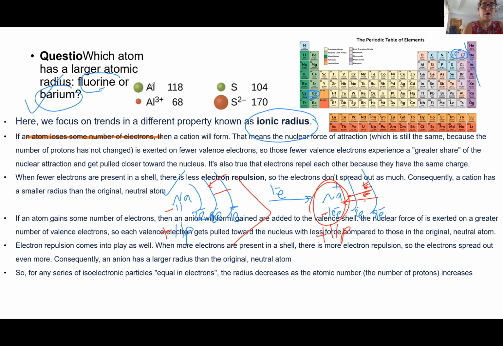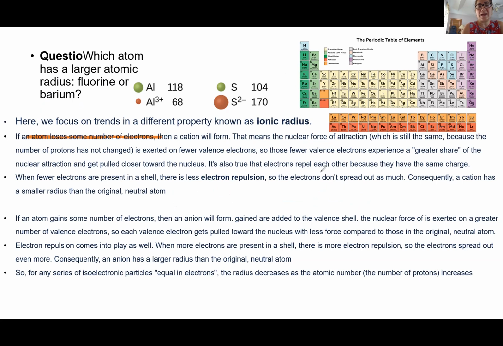Same thing for aluminum versus aluminum ion, and this diagram shows that aluminum ion is much smaller than the aluminum itself. This is for cations. Okay, what happens in anions? This picture shows that anions gain electrons and have a negative charge, and what makes the size increase is basically the opposite of the explanation we had for the cation.